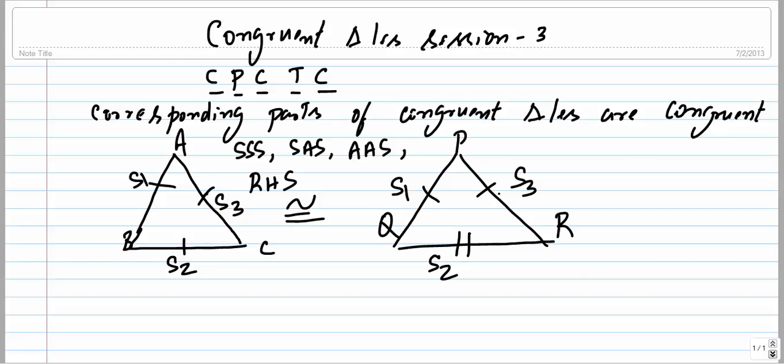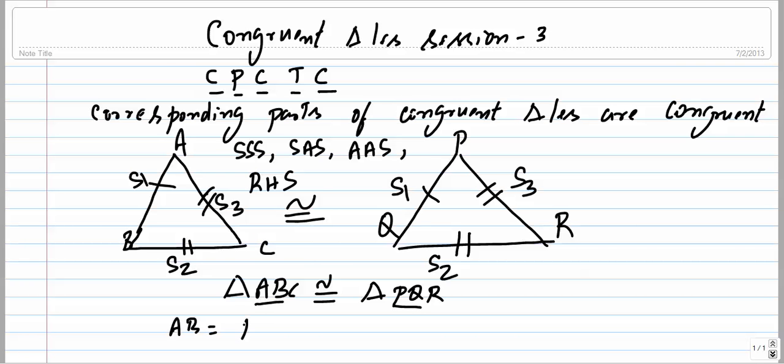Okay, this is very significant because when I say that triangle ABC is congruent to triangle PQR, that means I should clearly mention that side AB is equal to side PQ and side BC is equal to side QR, and finally side AC equal to side PR.